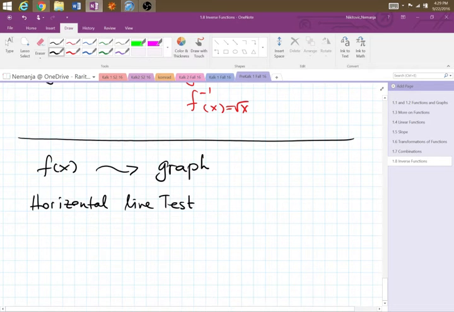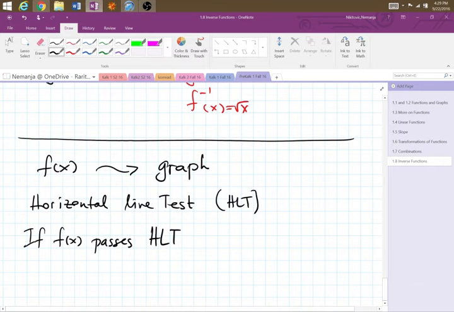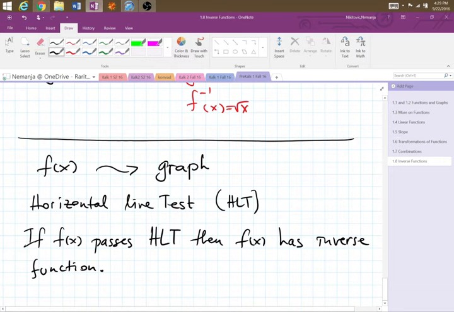And the horizontal line test says, if f of x passes the horizontal line test, then f of x has an inverse function. And I'm going to box that statement.